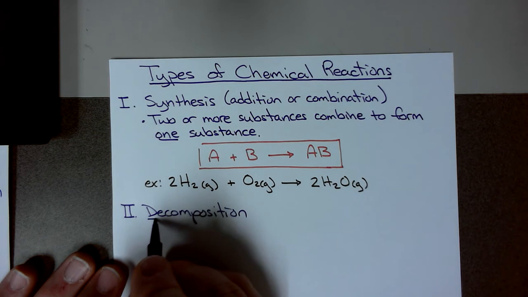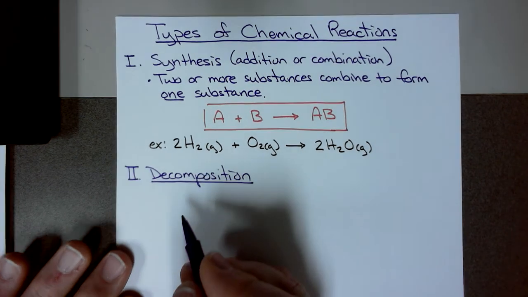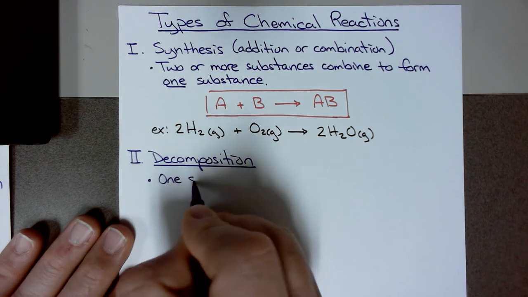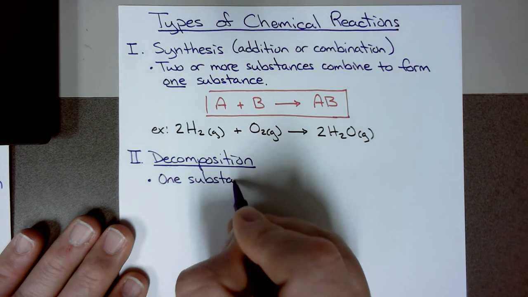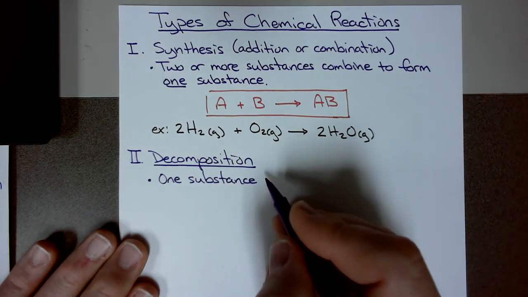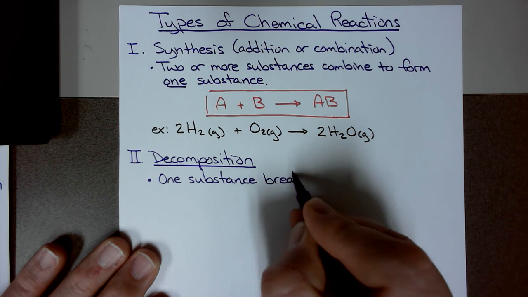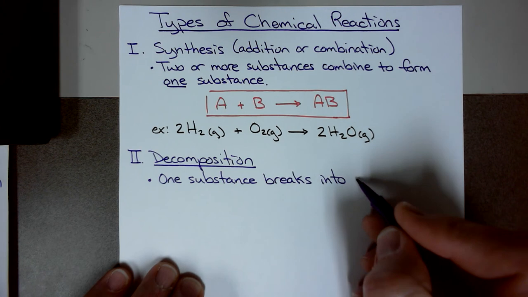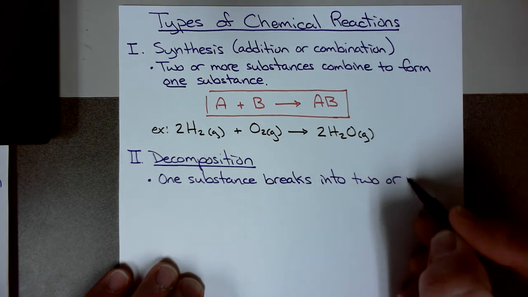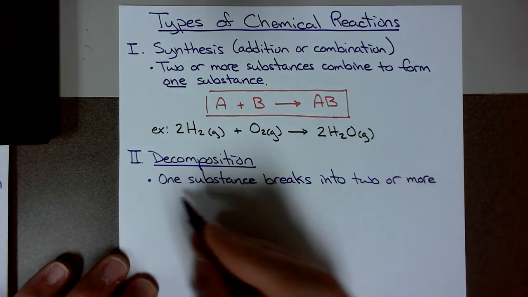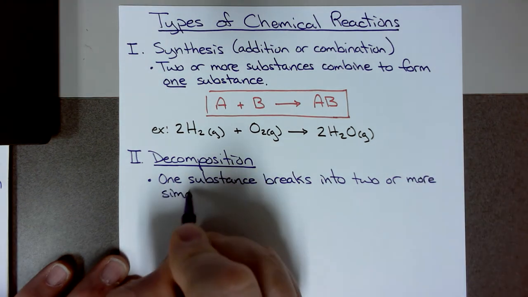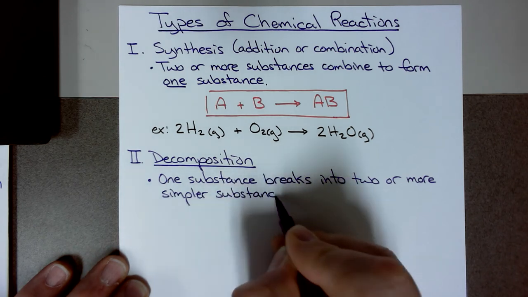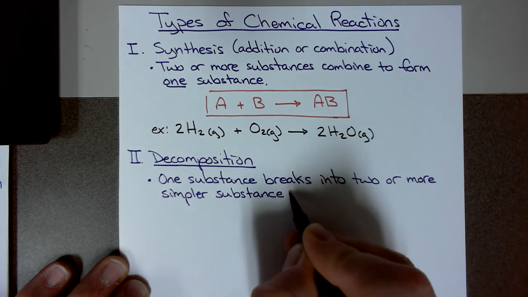And in a decomposition reaction, what happens is that we have one substance breaks apart into two or more simpler substances. Now, this doesn't mean that it breaks apart into individual elements or atoms, it just breaks into simpler substances.